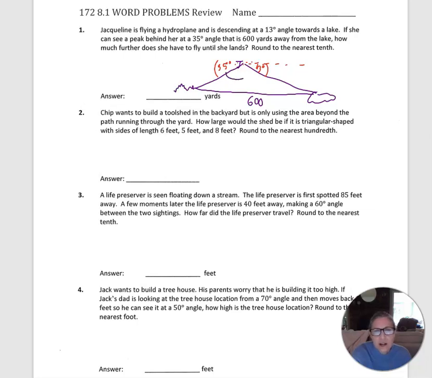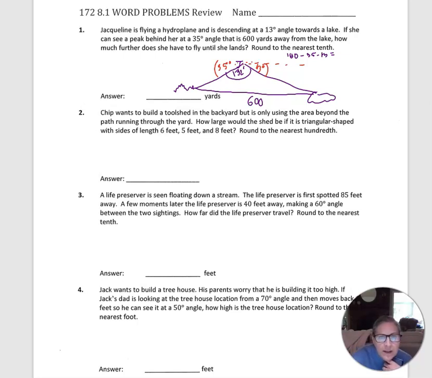Now, we can figure out this angle because we know that 180, because it's a straight line, minus 35 minus 13 is, let's see, 180 minus 35 minus 13 is 132 degrees. So this angle right here is 132 degrees.